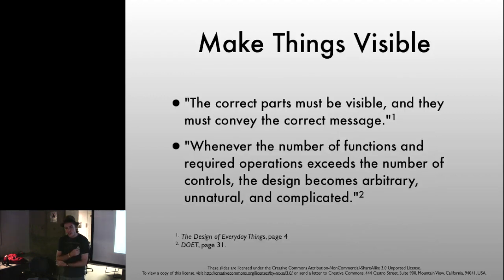As he puts it, the correct parts must be visible, and they must convey the correct message. So there should be a control for everything, and it should be very clear how that control works. The other line that I really like is that when the number of functions exceeds the number of controls you have, your design suddenly becomes arbitrary, because how do you decide to do 5 things with 3 buttons? You can do 3 things with 3 buttons really easily, because there's just 1 button for each thing.